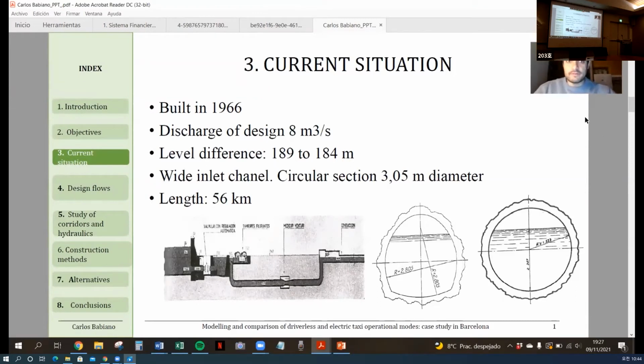Well, I have to say that the level difference is not till Barcelona, it is to the ETAP, the infrastructure where they collect the water to send after that to Barcelona. But this segment has a better conservation level.